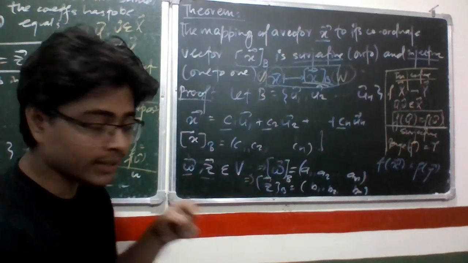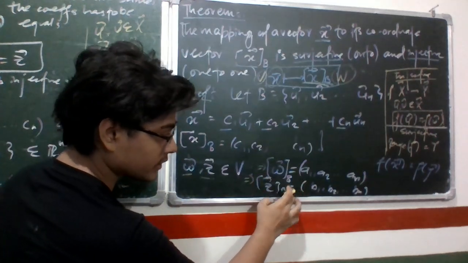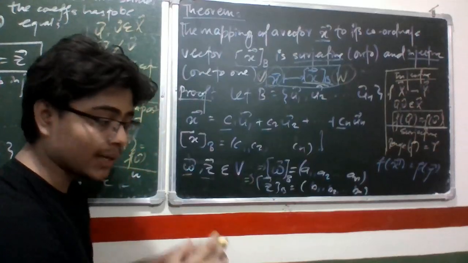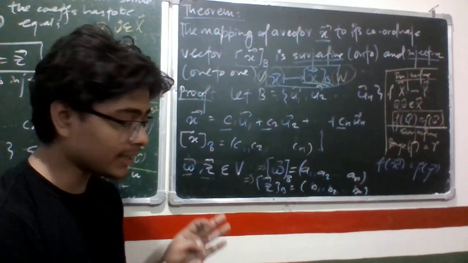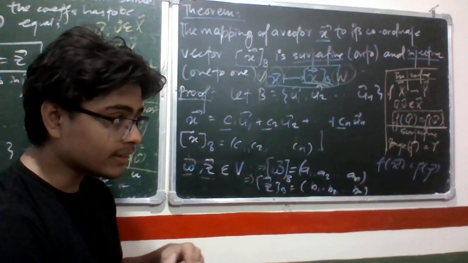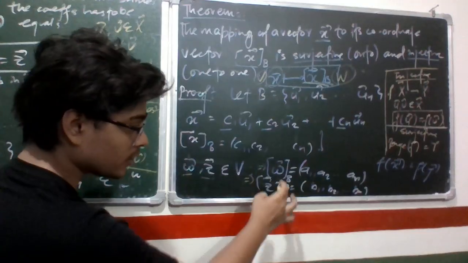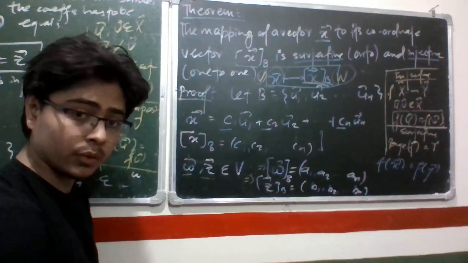So we are considering that the ranges are the same. If it is an injective function, then it must be the case that the domains must be equal. That means w vector and z vector must be equal, right?